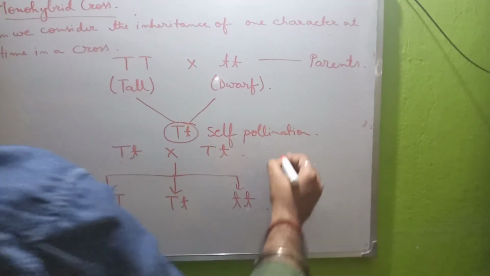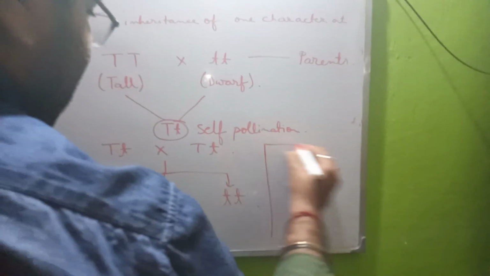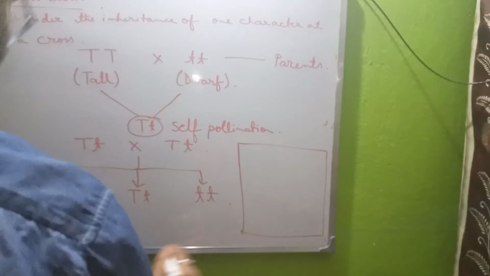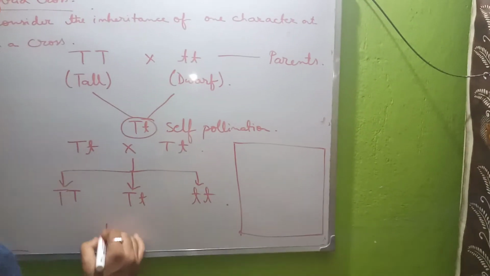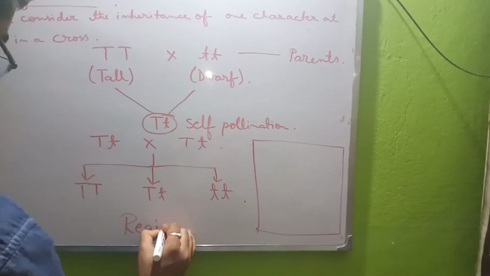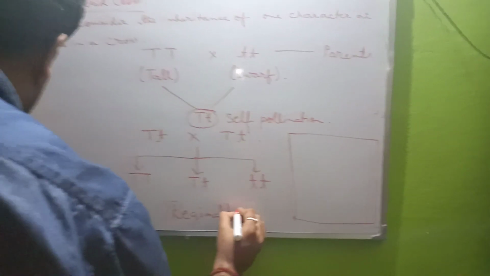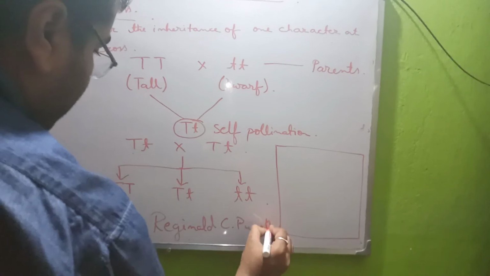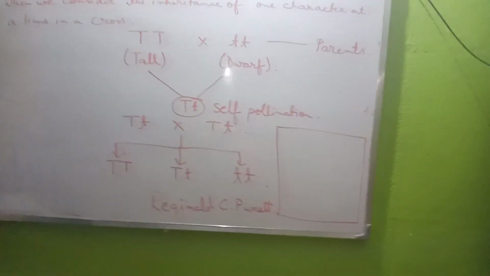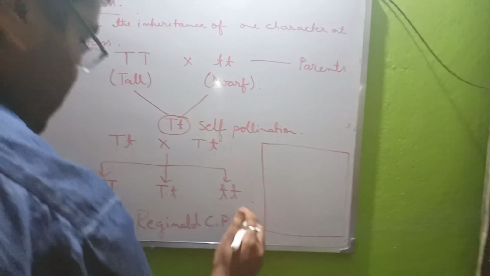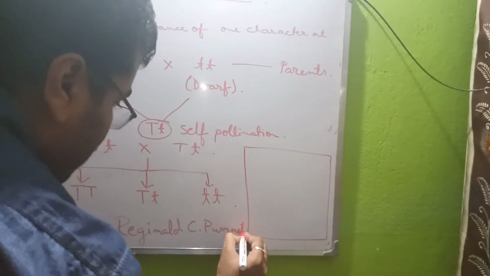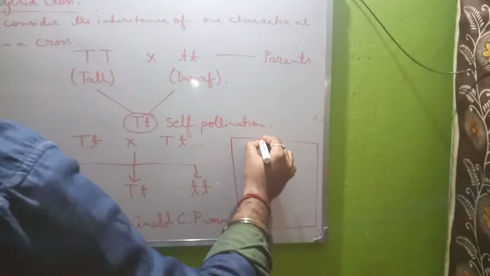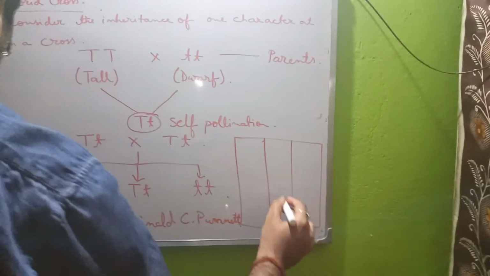This is the ratio, and he made a Punnett square. This was named after the scientist Reginald C. Punnett. And it is like this.